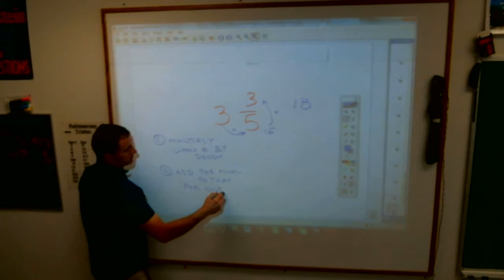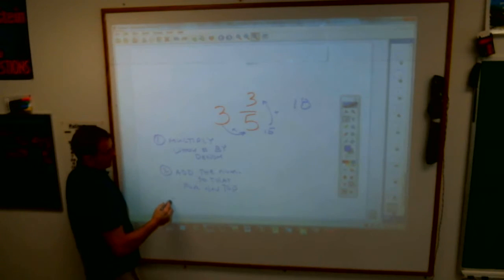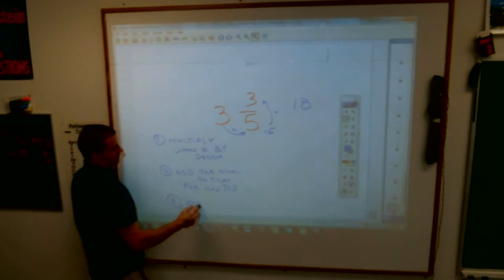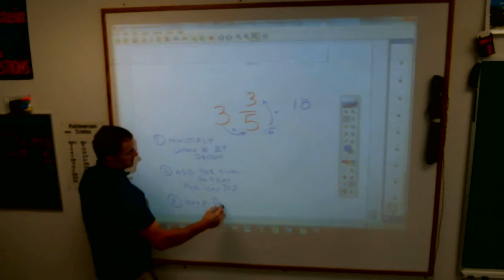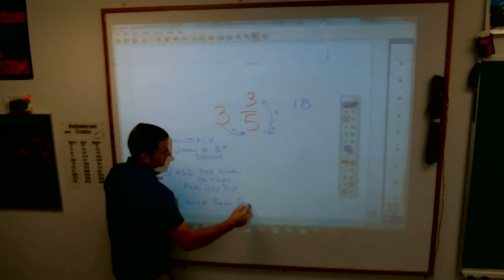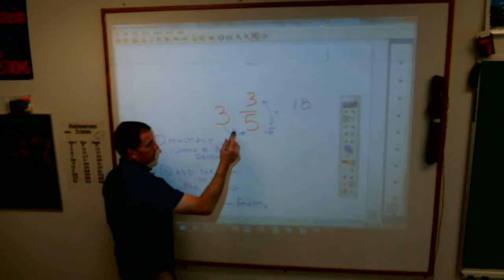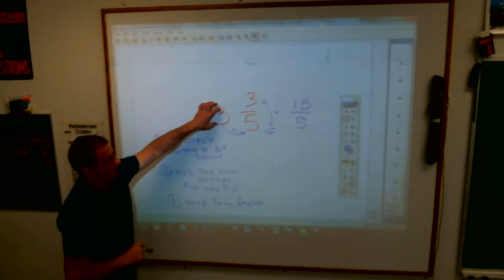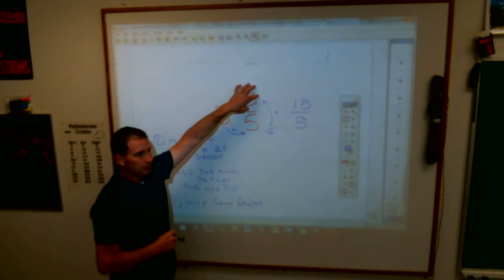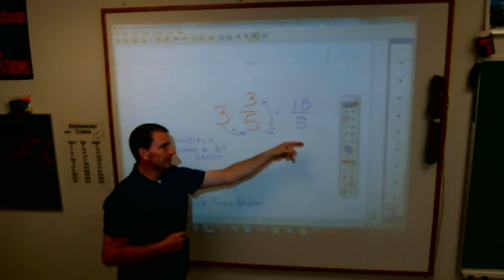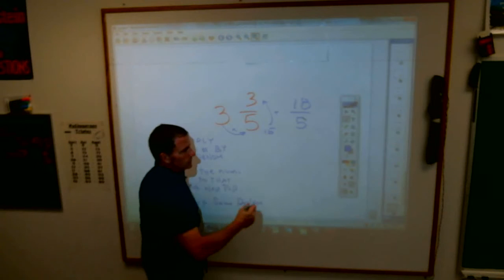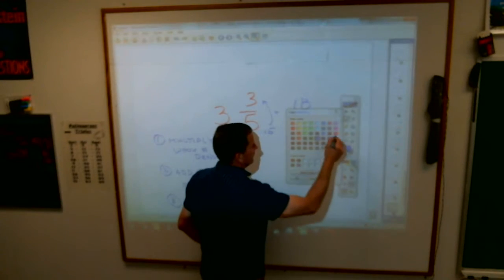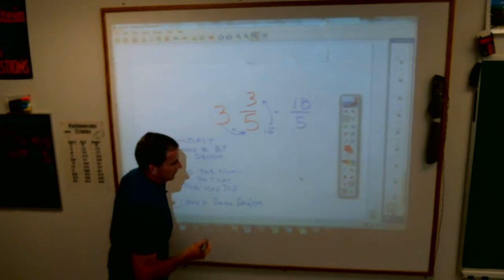And then step 3 is you keep your same bottom number. Keep the same denominator. So if I had 5 there, I'll have 5 there. So it's pretty simple. Whole number times the bottom, add the top to it, that's your new top number, keep the same bottom number you're starting with. Just that easy. Once you do it about 15,000 times, it's a piece of cake.